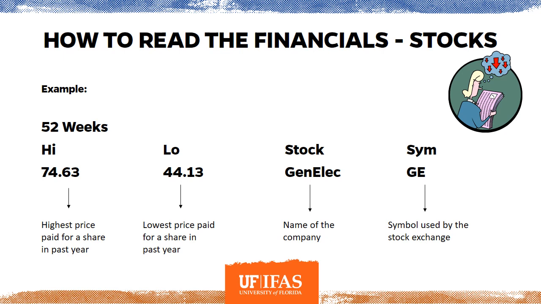So Genelec, also known as GE, their stock symbol that is used by the stock exchange to track their shares of stock. Any stock you're going to be investing in, you want to make sure you're familiar with what the symbol is and what the numbers mean.